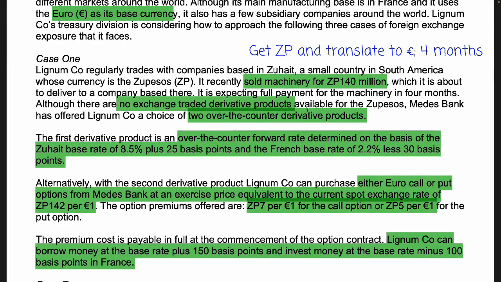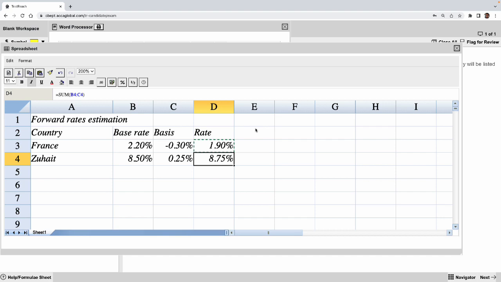Okay, what's the effective rate? So how? 4 months, right? Can you get the two rates? Yes, no?